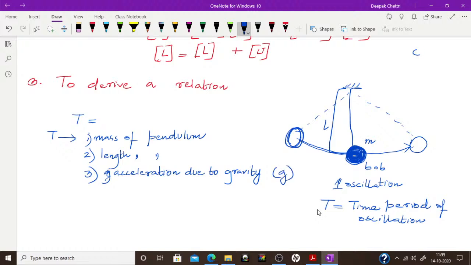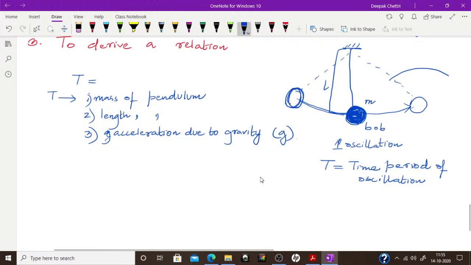If you allow any object to fall on the surface of the earth, that object falls with an acceleration g, which is called acceleration due to gravity, and the value is 9.8 meter per second square. This is not very difficult to understand. You have a chapter of gravitation in class 11, so maybe when we do that, you'll understand this better. For now, just try to get a brief idea.